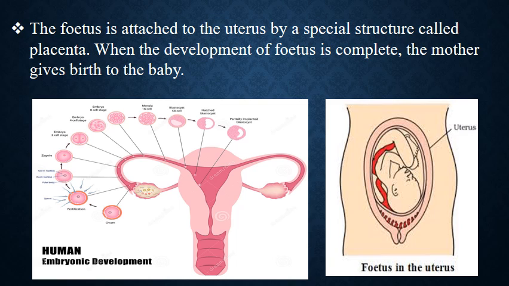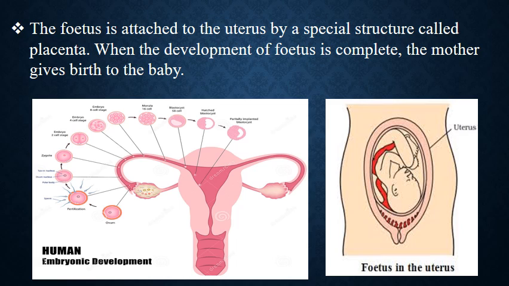In first picture, you can see the different stages of the zygote and its implantation. First, you can see ovary release ovum. Sperm come through the vagina and fuse with the ovum, form zygote cell.